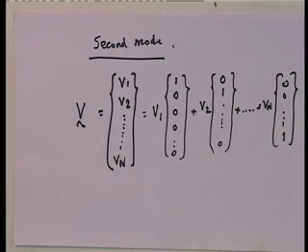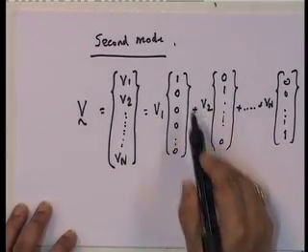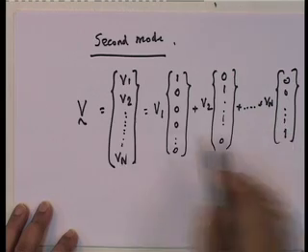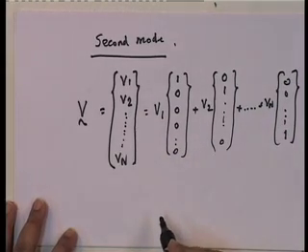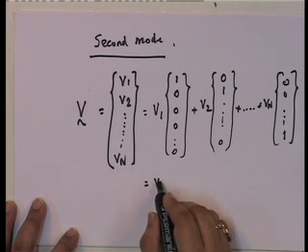Do you agree to this? This can be written in this form. I mean, after all, it is nothing but V 1 plus V 2 plus and so on, and that is what this is.